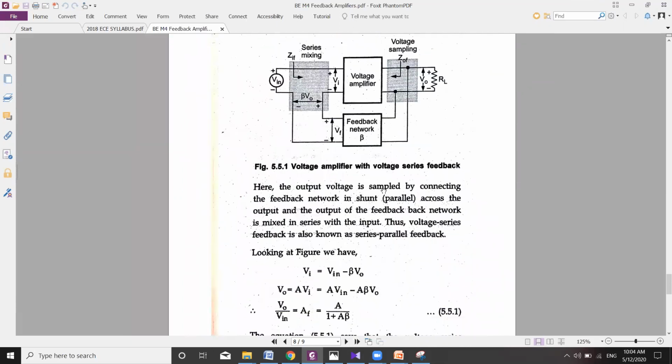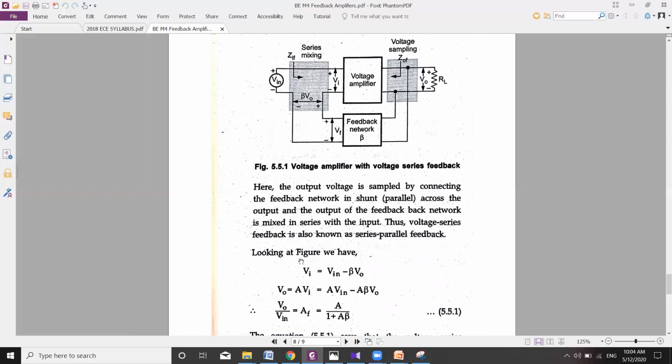Here the output voltage is sampled by connecting a feedback network in shunt or parallel across the output, and the output of the feedback network is mixed in series with the input voltage. Thus, voltage series feedback is also known as series parallel feedback.